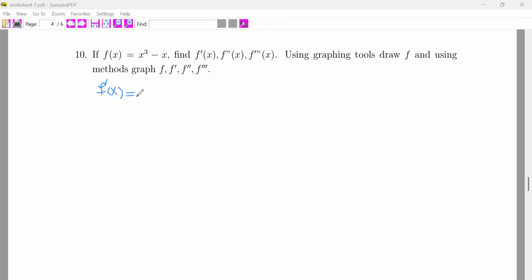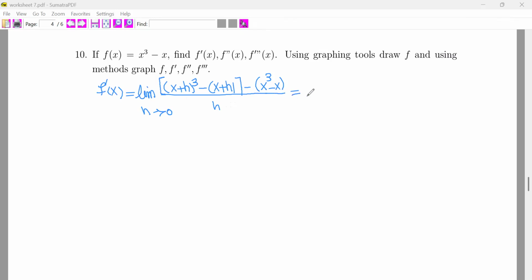It will be limit of x plus h cubed, based on the formula that we have here, minus x plus h, subtracting the f of x itself here, over h when h is approaching 0.